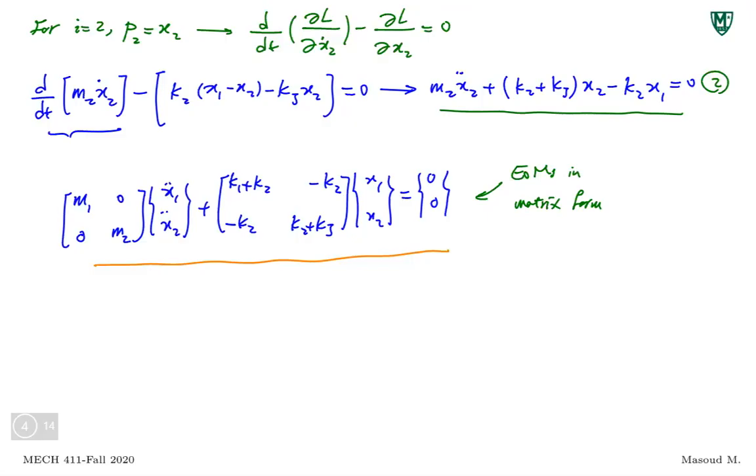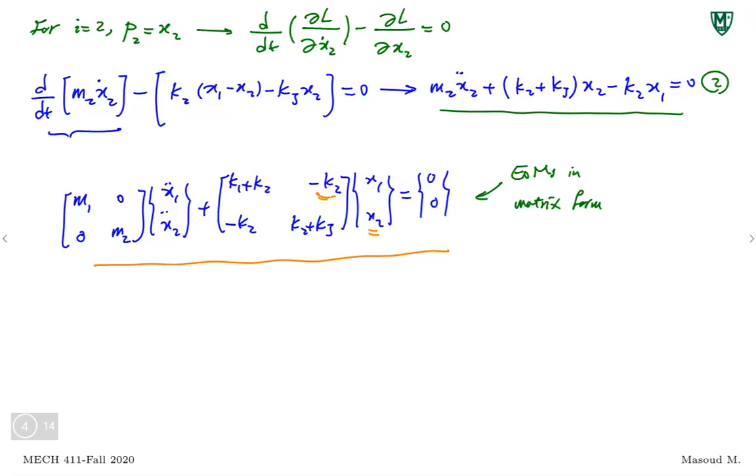See, the non-diagonal elements in our stiffness matrix are not 0. If they were 0, then equation 1 would have been just a function of x1 and x1 double dot, and equation 2 would have been a function of x2 and x2 double dot. But because we have these terms here, x2 comes into the equation of motion for x1, for the first degree of freedom, right?